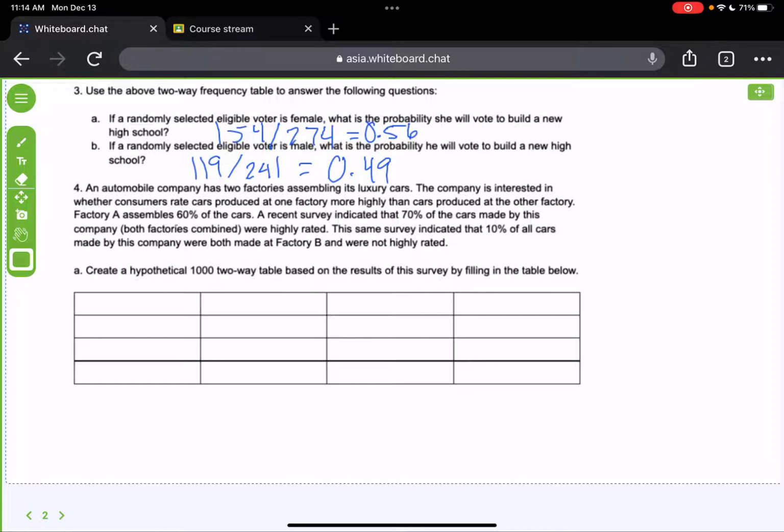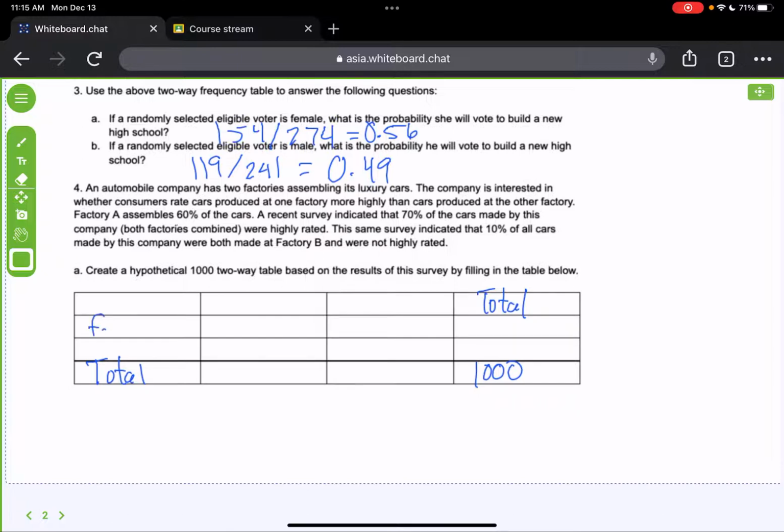So here we're going to have to figure out a frequency table of 1,000. So we can go ahead and plug in 1,000 right here. We know that this is a total category. This is a total category. So what are our two categories?